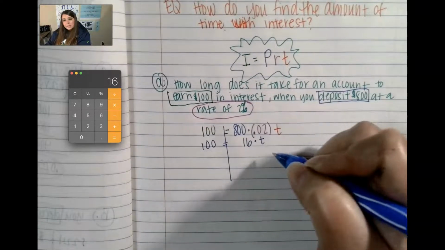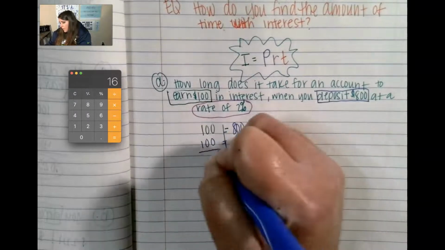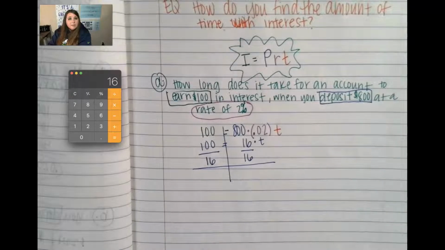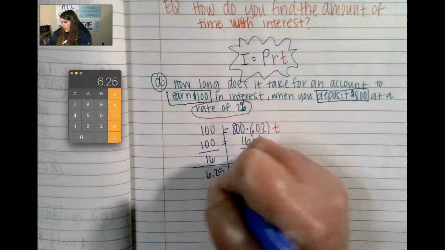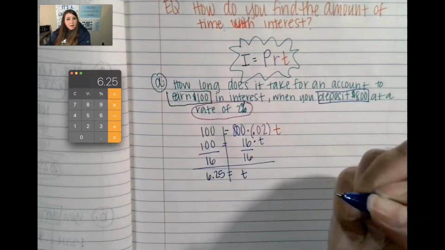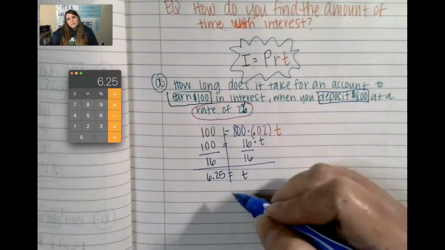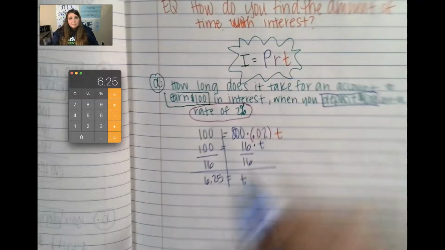Again, we want to isolate for T, so we're going to divide by 16 on both sides to keep it balanced. 100 divided by 16 is equal to 6.25 is our time.